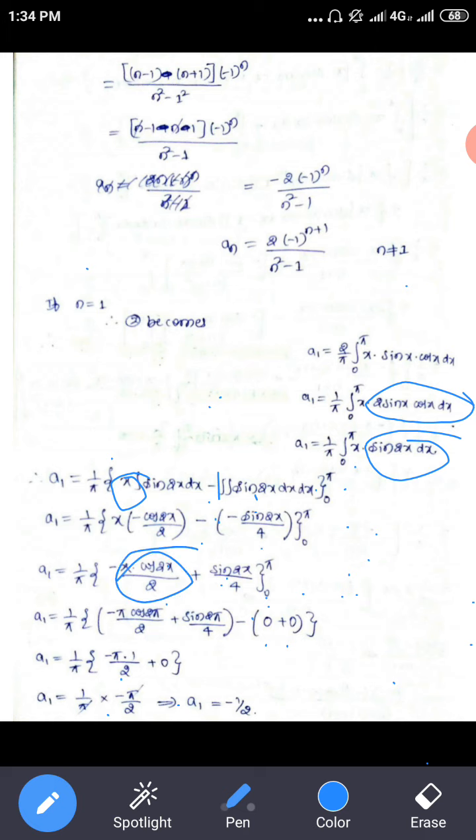This is also 0, this is also 0, when you substitute x equal to 0. So what we are getting, minus pi cos of 2 pi, that is cos of 0, 1, sin 2 pi is 0. So minus pi into 1 is minus pi by 2, 1 by pi gets cancelled, minus 1 by 2. So a1 is equal to minus 1 by 2.